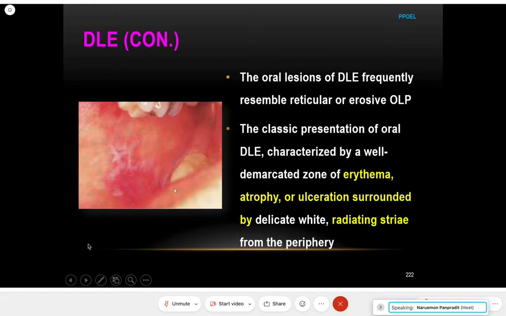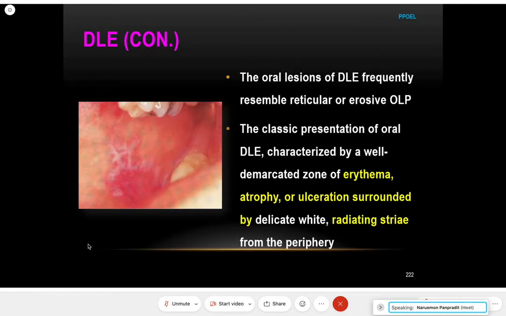That is the radiated white line. This is a unique characteristic that is more common in lupus than lichen. So if you see radiated white lines or radiating white striation, you have to think about lupus erythematosus in the differential diagnosis.